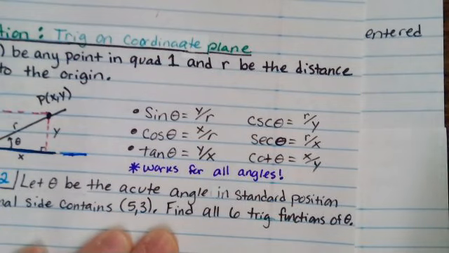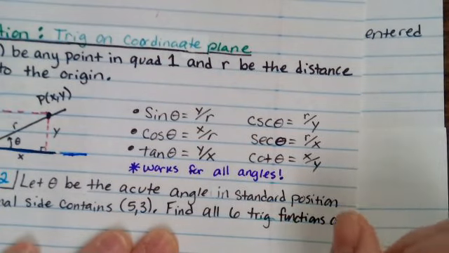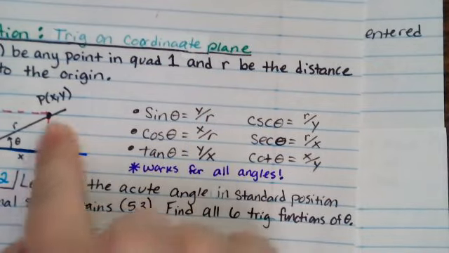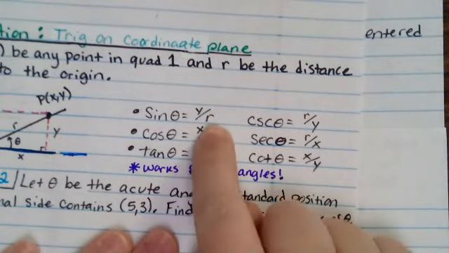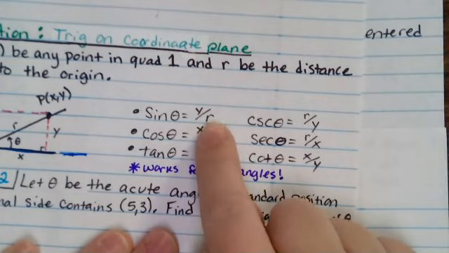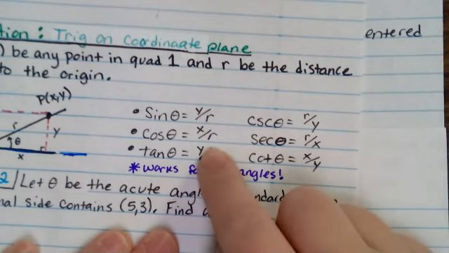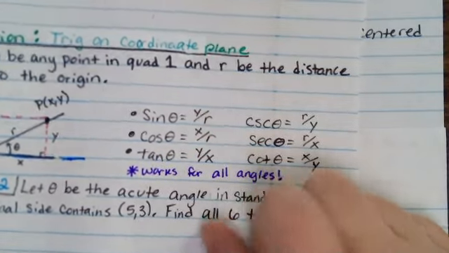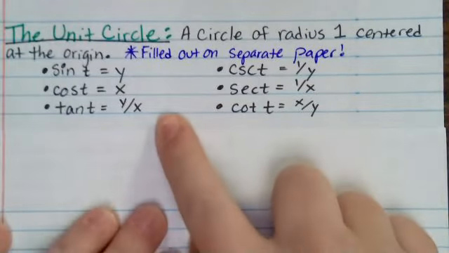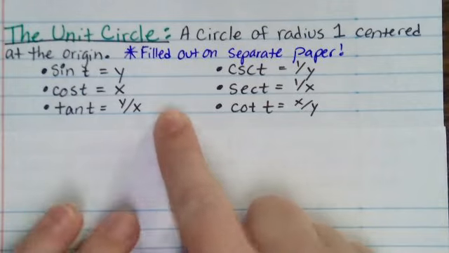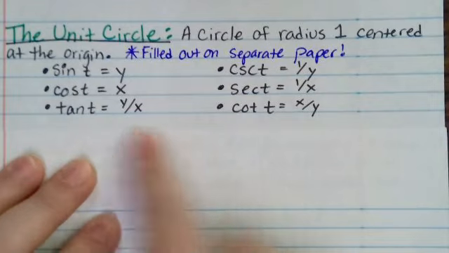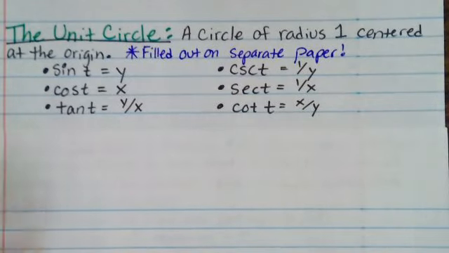That's why we called this an r earlier on, because it causes this to have a radius of 1. That's what the hypotenuse of these triangles would be. So it'll be y over 1, which is just y, x over 1, which is just x. Okay, tangent doesn't have a radius in it, so it's just still y over x. And so you're seeing these relationships where basically the r is replaced with 1 because that's what the radius is. And then that gives you all 6 trig ratios.